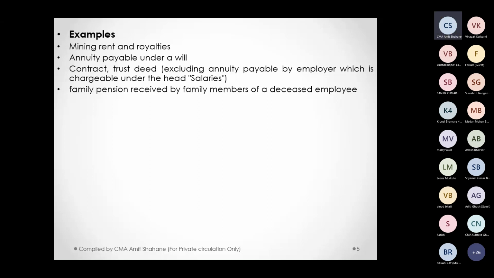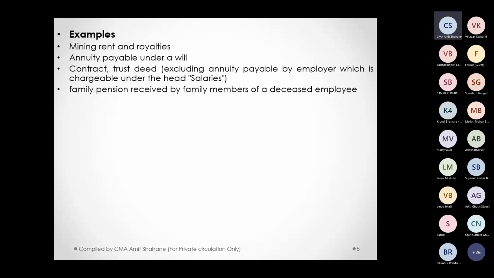Correct? But take a case that suppose the employee dies and his family members are now getting the family pension. A typical example is army personnel. Suppose unfortunately he dies in a war, and his family members get a pension. Suppose his wife is getting that pension now.